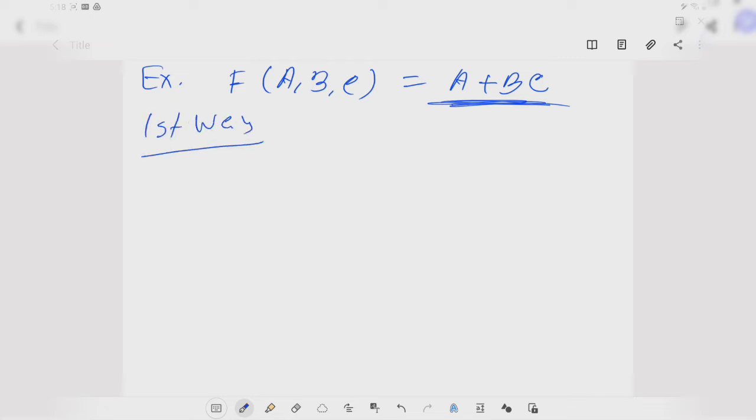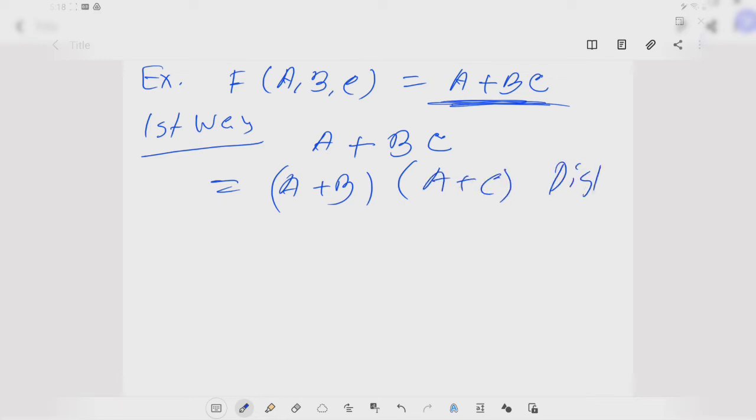A plus BC. Now we want to apply the distributive law: A plus B times A plus C, the distributive principle.